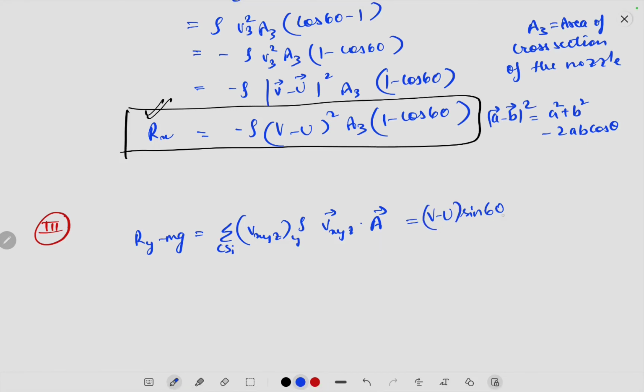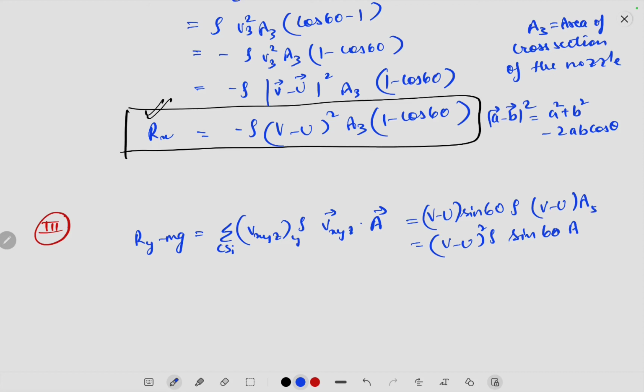Multiplied by rho. And what is v_xyz dot A vector for that? That is (v minus u) A, because that is the outlet. So this becomes (v minus u) whole square rho sine 60 times the area.